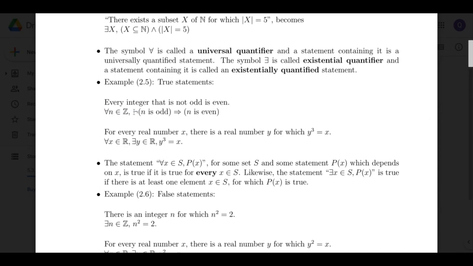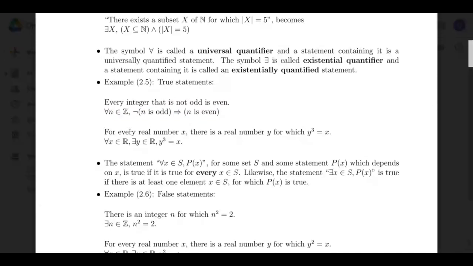That's a statement, and this is an open sentence. So I negate this expression, n is odd. Not odd means even, so not odd implies n is even. So we can translate it into logic statements with this implying sign.